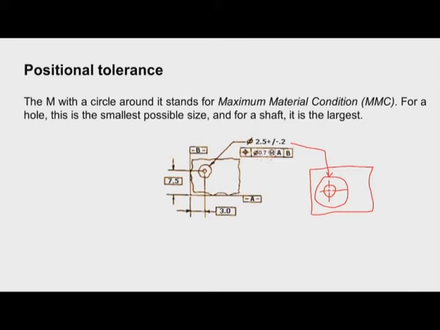This circle with the plus symbol is the symbol used to specify the positional tolerance, and in this case the allowed deviation is 0.7 millimeter.